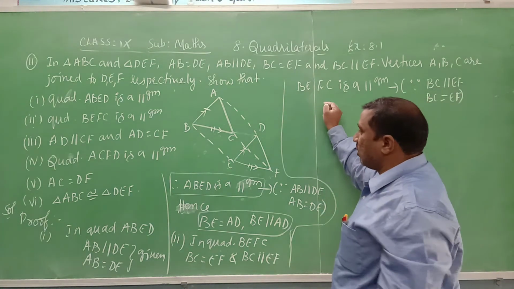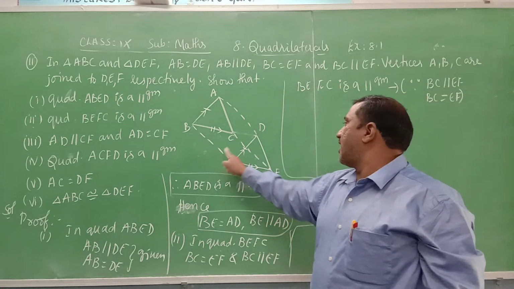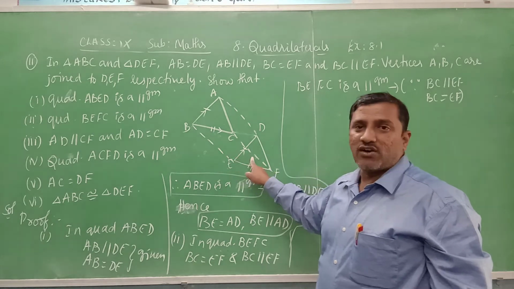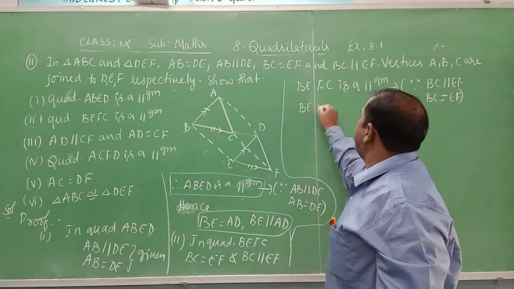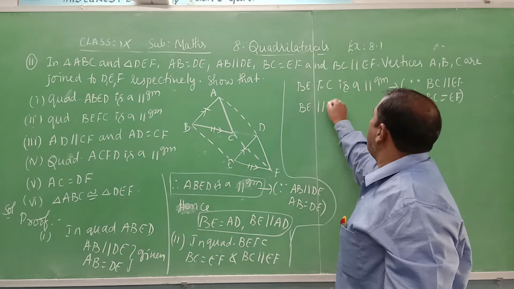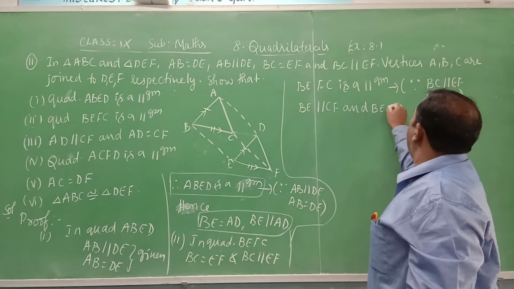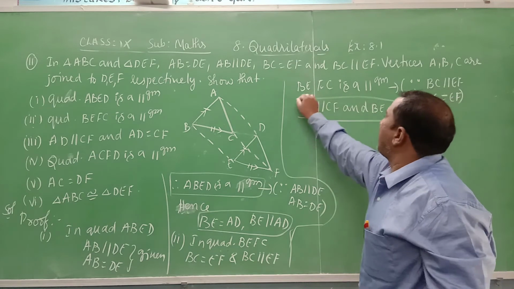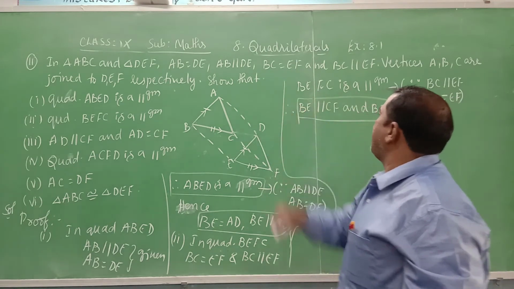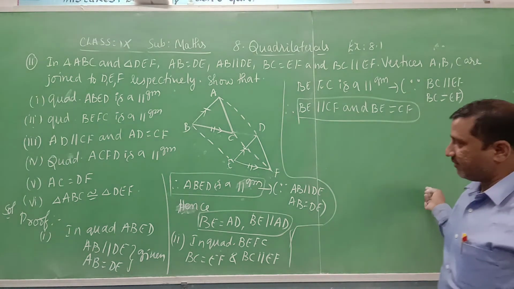If it is a parallelogram, then the remaining opposite sides, BE and CF, are equal and parallel. So from that parallelogram we can write: BE is parallel to CF and BE is equal to CF.